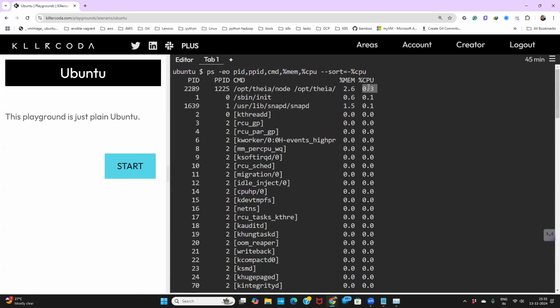Now you get to know the top CPU consuming process. What details did we get? First PID, PPID, which command initiated the process, the memory and CPU utilization, and the sorting we have done.